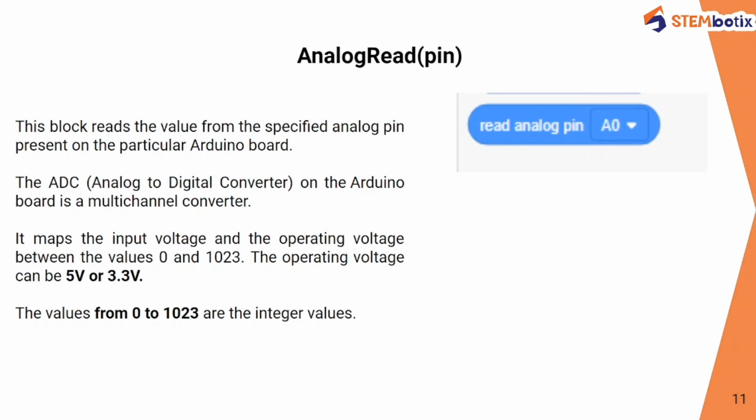It maps the input voltage and the operating voltage between the values of 0 and 1023. It means 1024 values. The operating voltage can vary between 5 volts to 3.3 volts. The values from 0 to 1023 are integer values. We have to note this scenario.